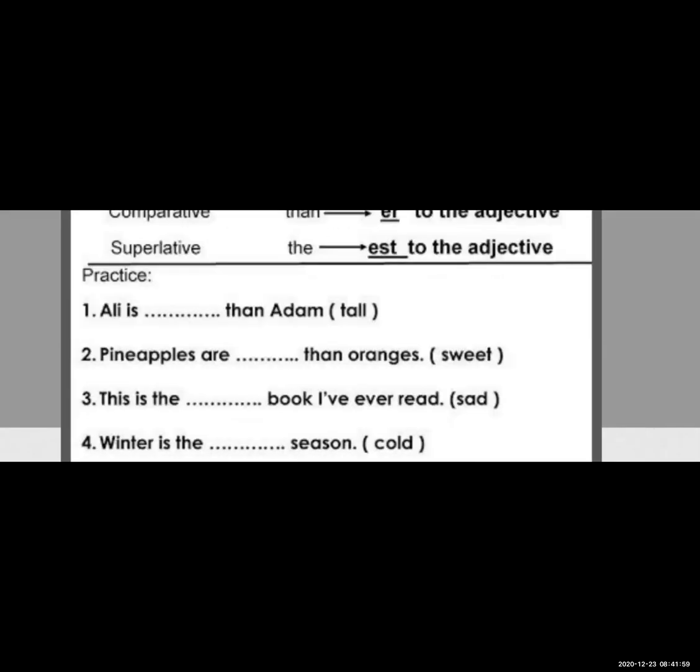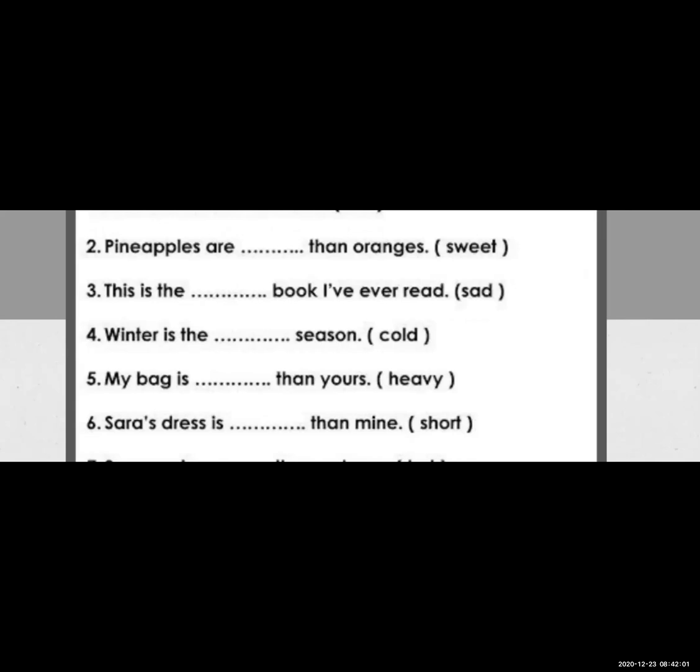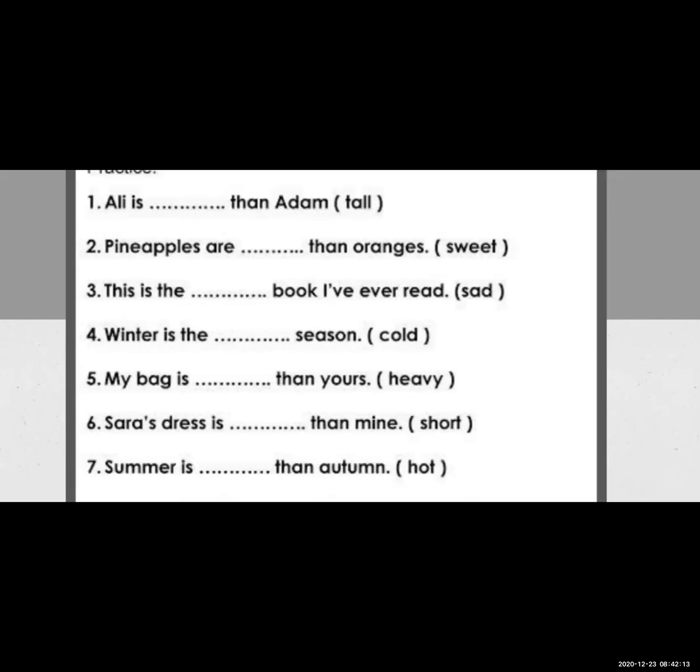If "than" is there, add "er" to the adjective, and if "the" is there, add "est." I am repeating this again and again, because if you don't understand this transition, you will not be able to transition the sentence from comparative to superlative, or you will not be able to identify.